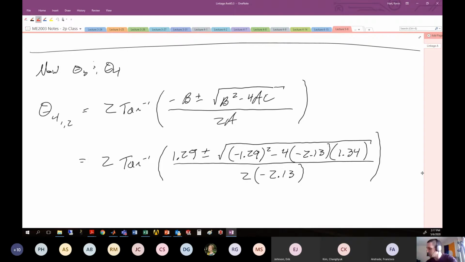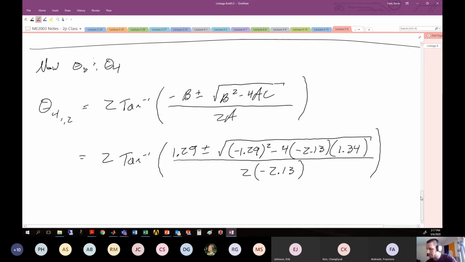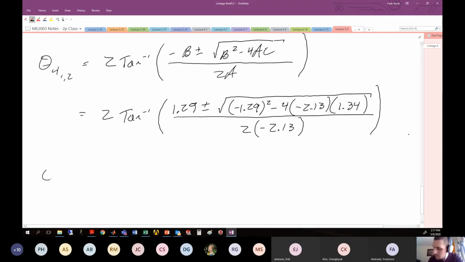All right. So if you work through this with the plus and the minus, you'll get something like theta 4, 1 and 2, equal to negative 98 degrees and 57.3 degrees. These are the 2 values that you should obtain.